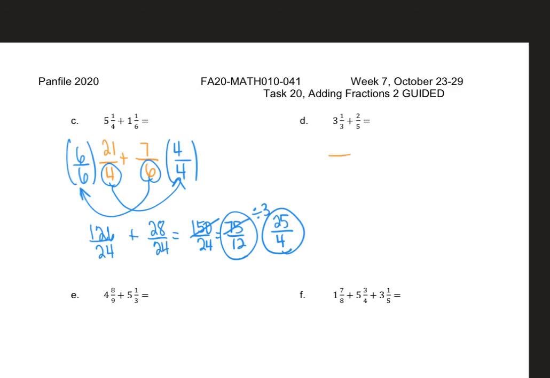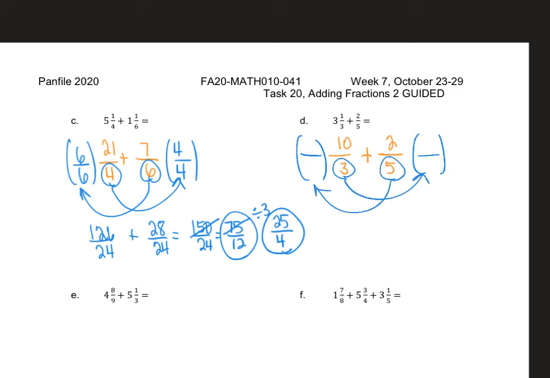All right, same process for the next one. You're going to switch to improper fractions. Keep the denominators that you have or that you're given in that first step. You only had to do it for the 1 in this one, and then you start your process. And your answer is 56 over 15.